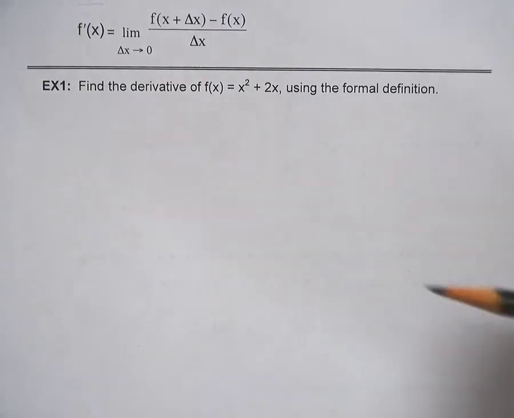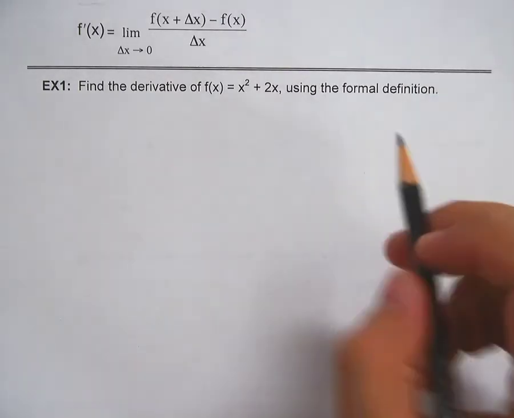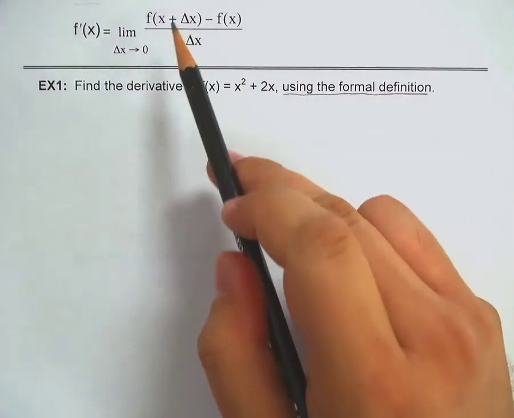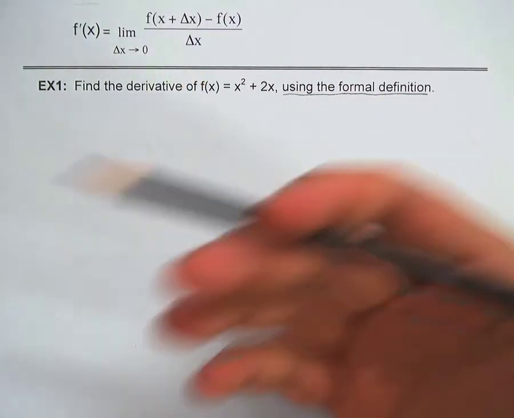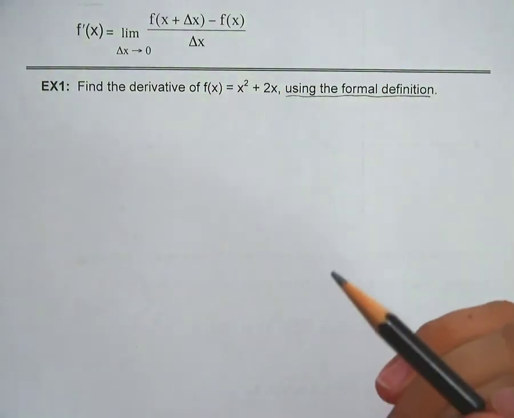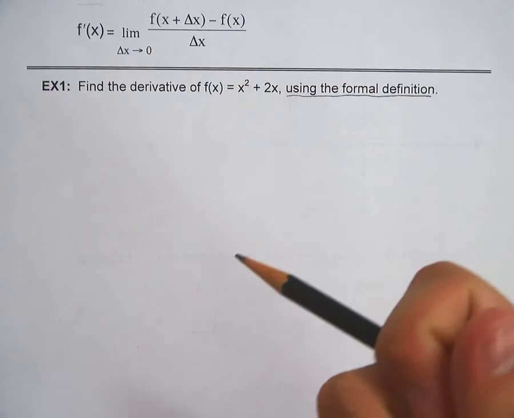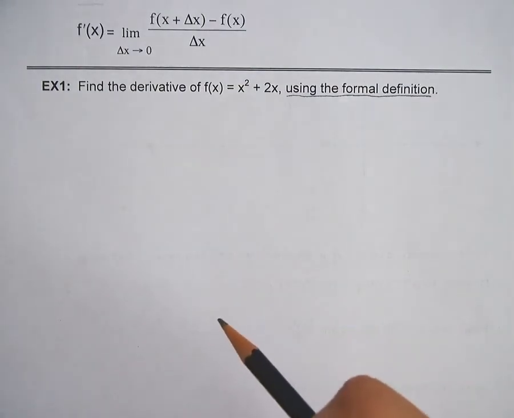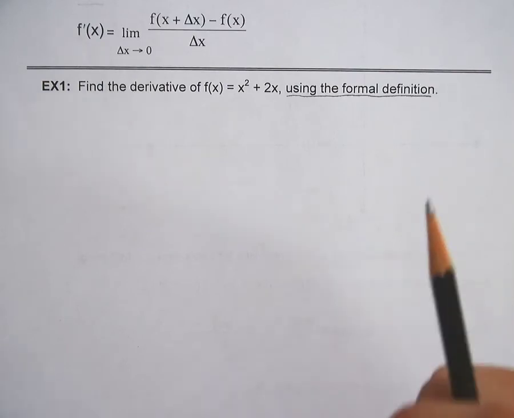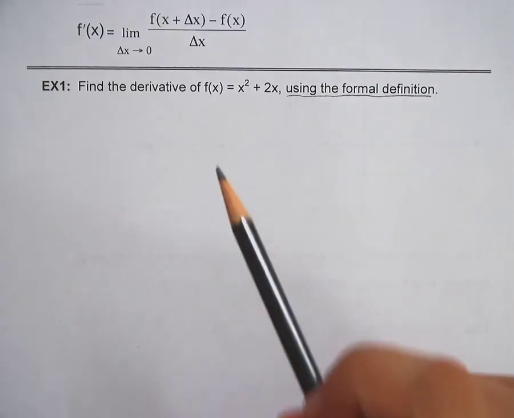If I'm specifically asked to use the formal definition, I must use this guy. Because what's the whole point of this class? It's to get credit on an AP exam, that way you can get credit for college, and also to learn a little bit of calculus while you're doing it. So if it says to use the formal definition, I actually want to see the formal definition.